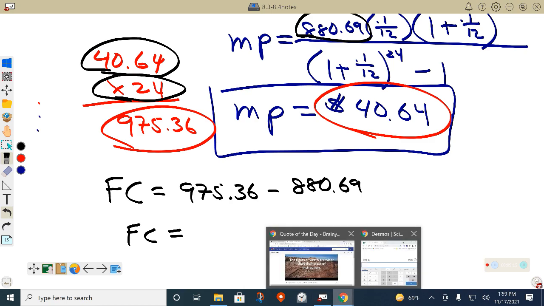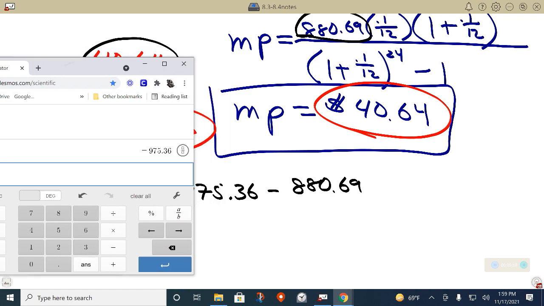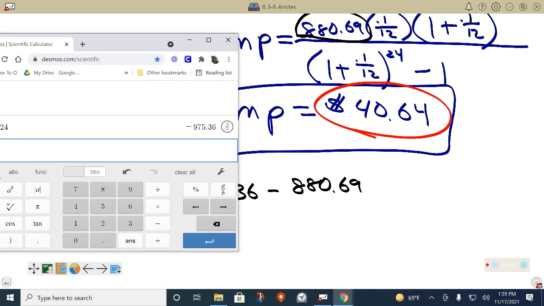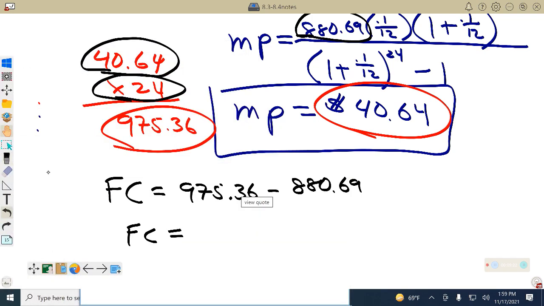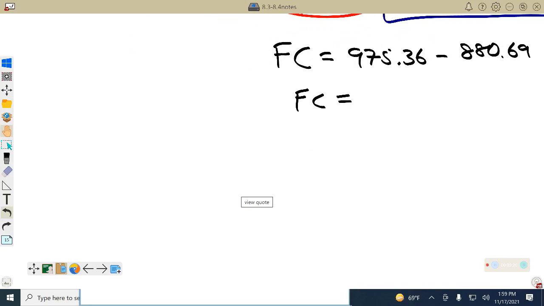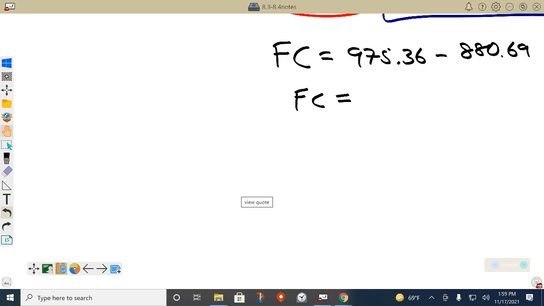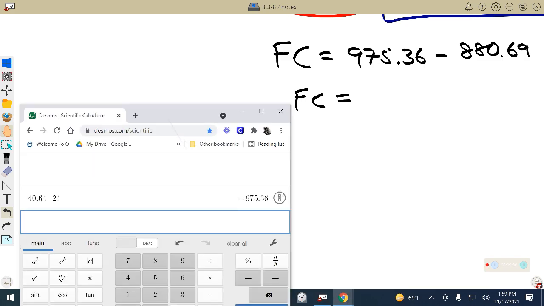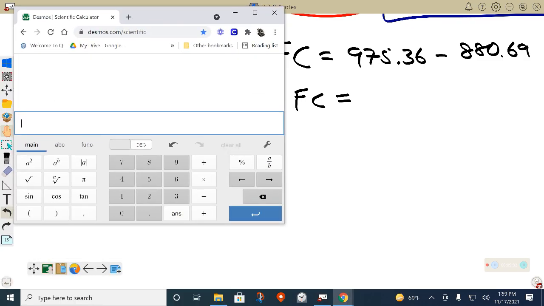They not only made money off the phone, they made money off of lending them the money for the phone. Let's see. $975.36 minus $880.69. T-Mobile made $94.67 on top of just a normal profit they make on selling them the phone.